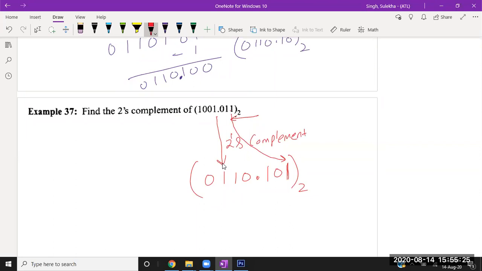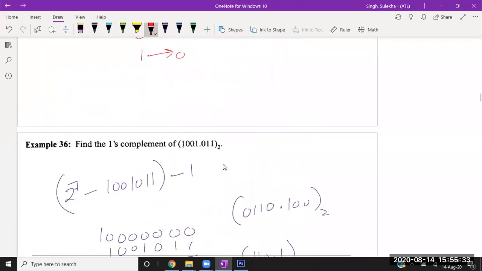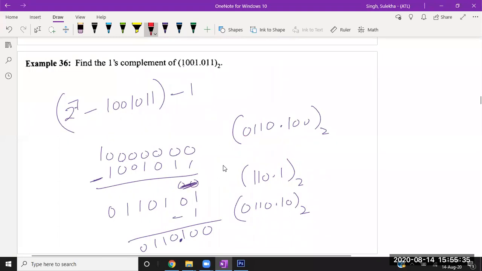In any problem, if you want to calculate two's complement, you just follow this step. If you want to calculate one's complement, suppose this is the example, just reverse all the numbers. In place of 0, you need to write 1. In place of 1, you need to write 0. So for this example, it's 0.110.